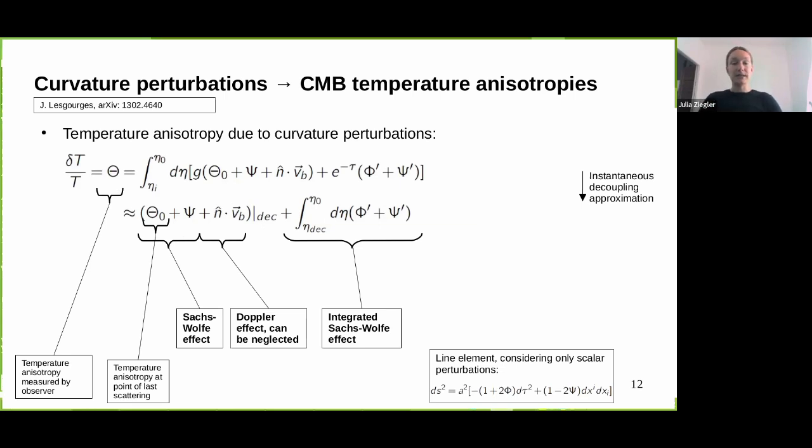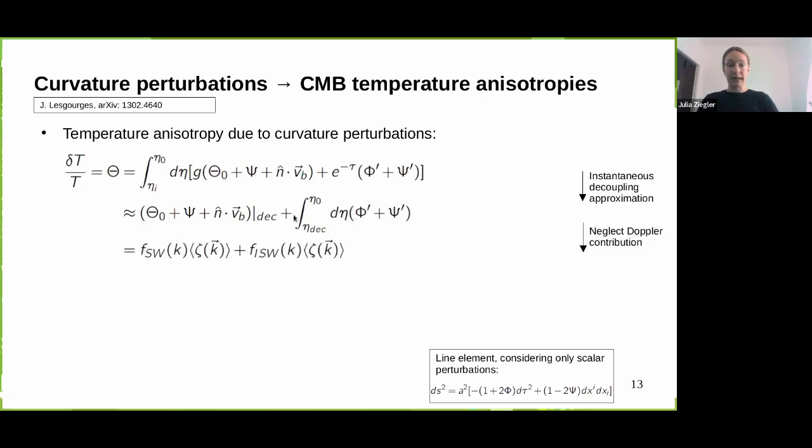And we can then split up this equation into three parts: the Sachs-Wolfe effect, the Doppler effect, which can be neglected, and the integrated Sachs-Wolfe effect. So after neglecting the Doppler contribution, we can also write it as you can see here, where we factorize it in Sachs-Wolfe contribution times the curvature perturbation plus the integrated Sachs-Wolfe contribution times the curvature perturbation again.